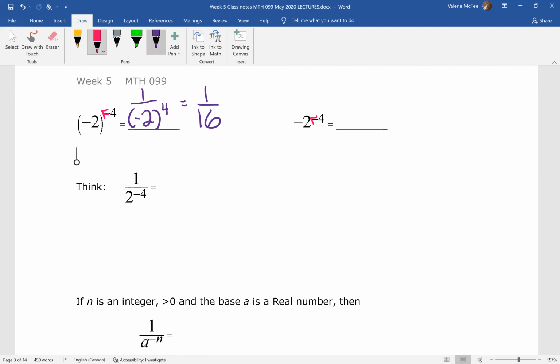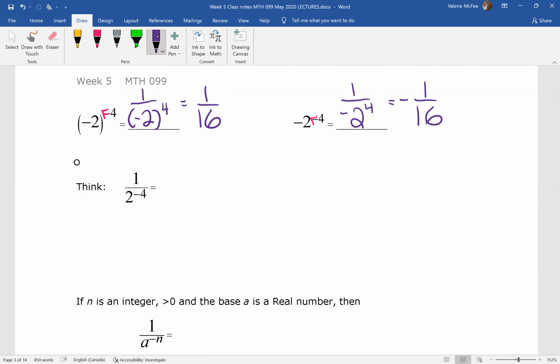The exponent is negative. That tells us to flip it to the denominator. The base is not in brackets, so we're going to leave it just the way it's written. This is 1 over 16, but it remains negative. So be careful about those two. Remember that a negative exponent does not change the sign of the base. In our first example, we have a positive 1 over 16 because -2 multiplying itself 4 times is positive.